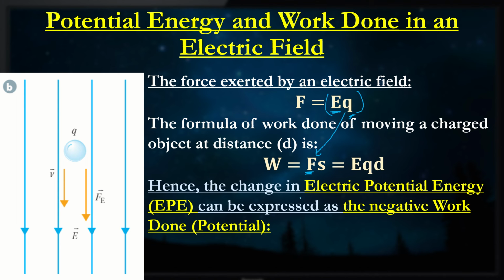So the change in electric potential energy can be expressed as the negative work done. Okay, what that means is the electric field is putting in the work to move this object away from the electric field. So we're using energy to move it away.